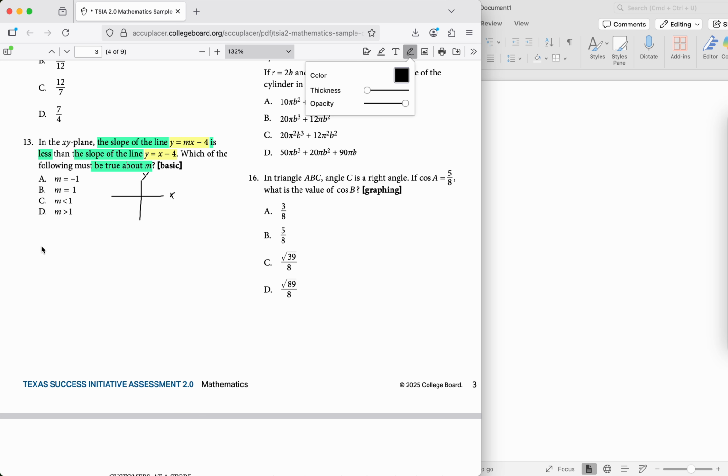We have one line, y equals mx minus 4. And then we have a different line, y equals x minus 4.